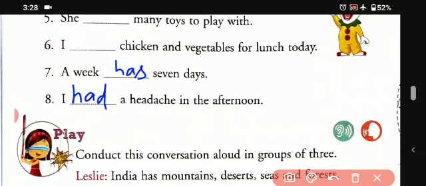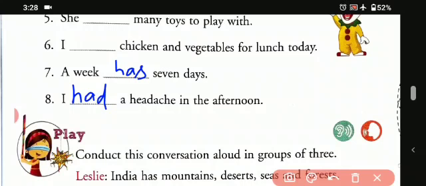So students, be very clear that when we use has, have or had, these sentences can be used in the present tense as well as in the past tense. But there are some sentences which cannot be used in the past tense or in the future tense. So we have to use them with facts, like a week has 7 days.